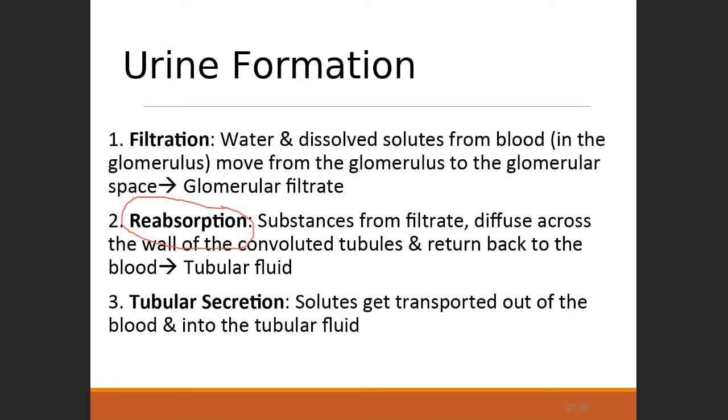As we pass through the tubule in a sequential manner, we reabsorb what we still want to recoup out of that filtrate, put it back into the circulatory system. And the closer we get to the end of the collecting duct, the closer we are to refining the composition of the urine we're producing.